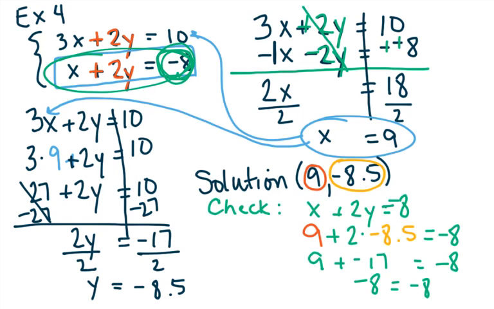So it does work. So here is our solution. Our solution is 9, negative 8.5. And that would be tough to see on a graph unless we had exact technology to help us find the exact point. So that's why we have some different methods that sometimes will work better.